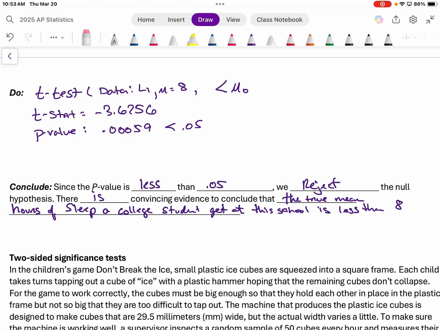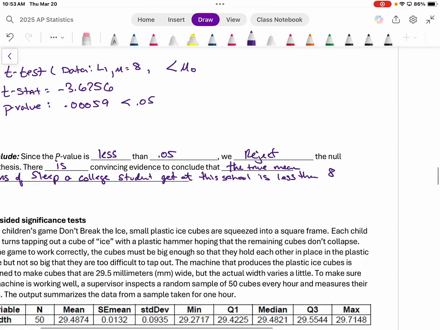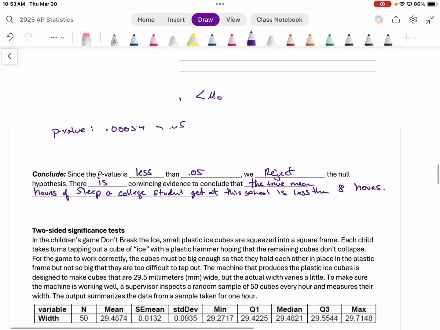I have to re-erase over. That looked like "whores." We have to change that to "hours." All right.